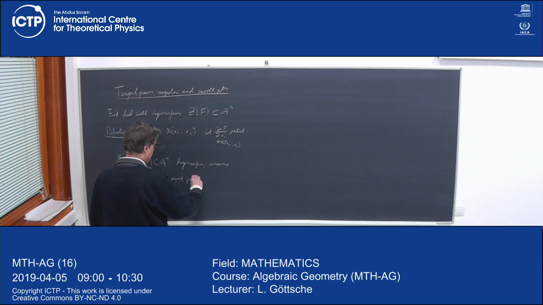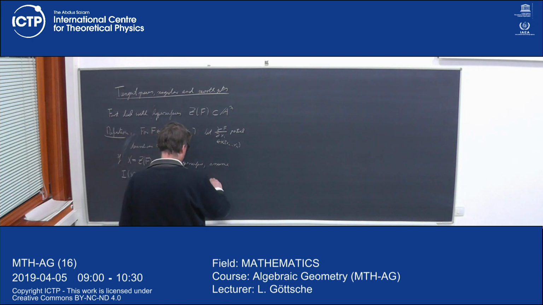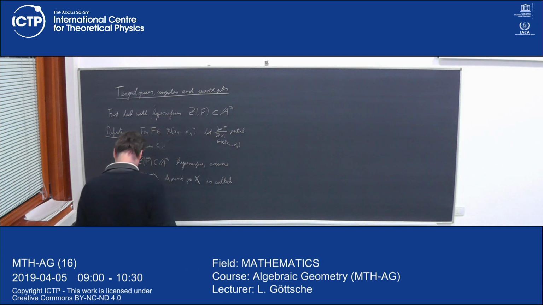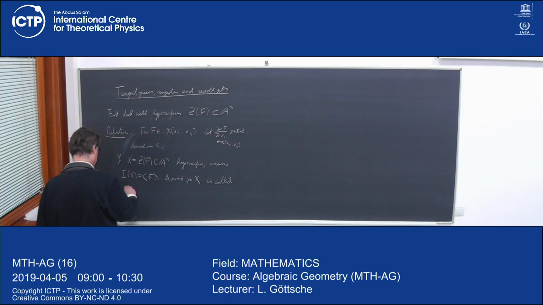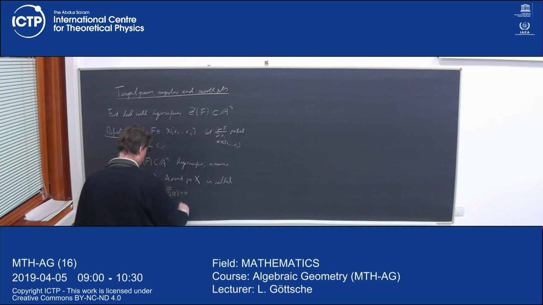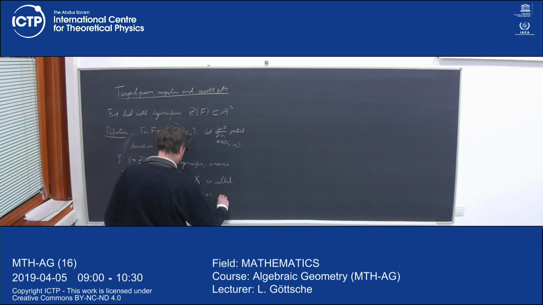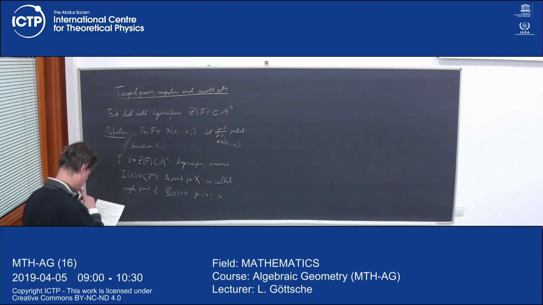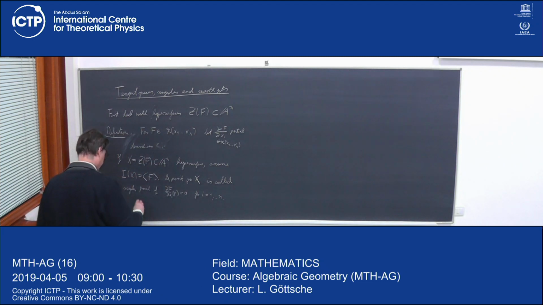Okay. So the point P in X is called a singular point if all these partial derivatives are 0. Otherwise, it's a non-singular or smooth point.